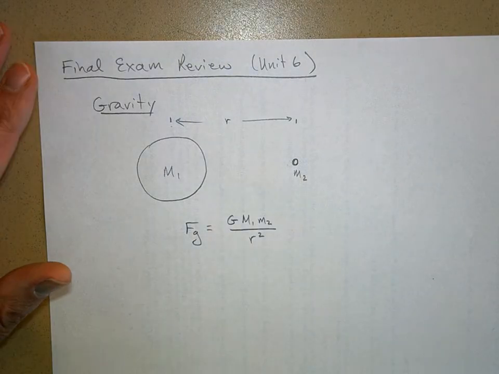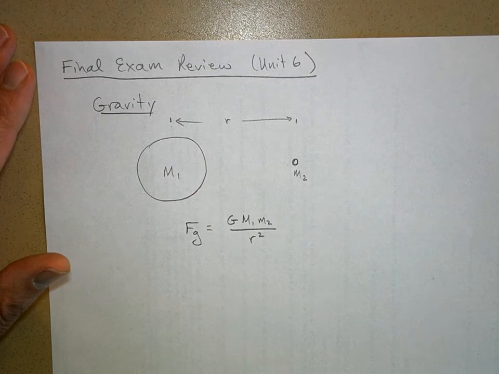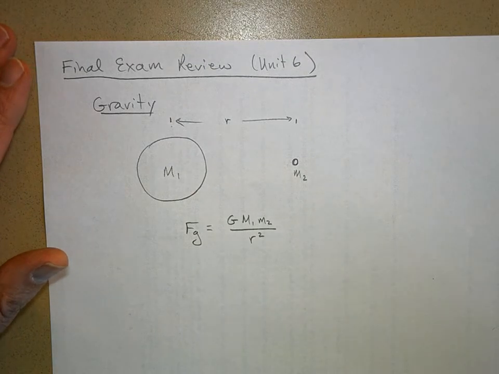This means that gravity gets weaker by the square of the distance.